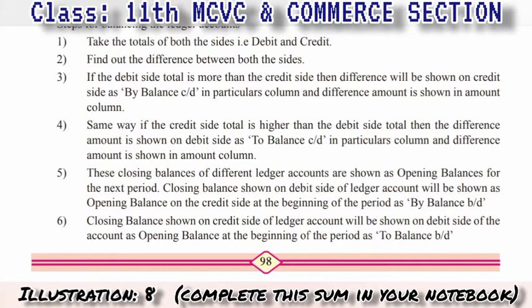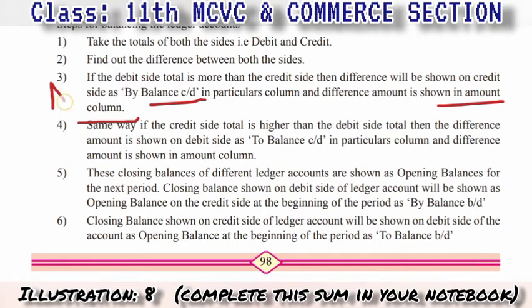So if the debit side total is more than the credit side, then the difference will be shown on the credit side as balance carried down, in the particular column, and the difference amount is shown in the amount column.